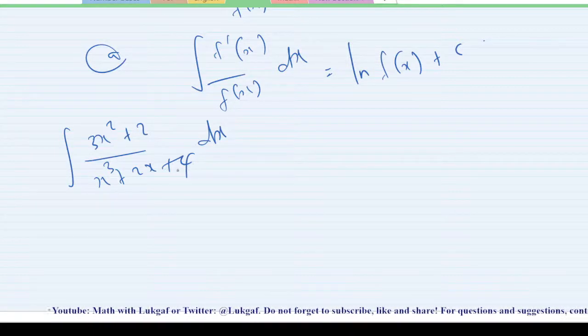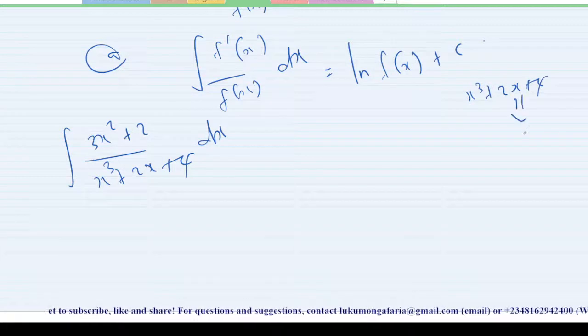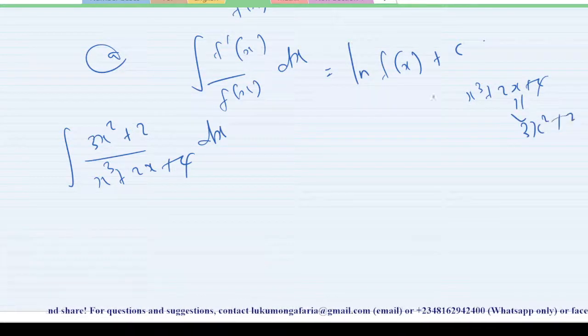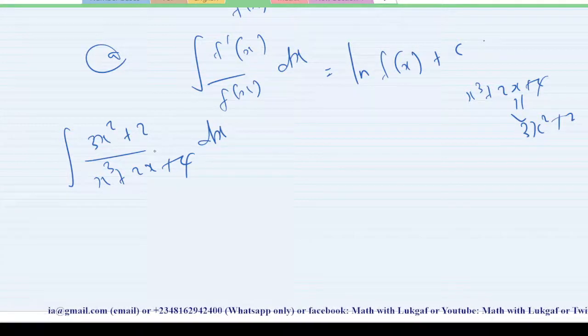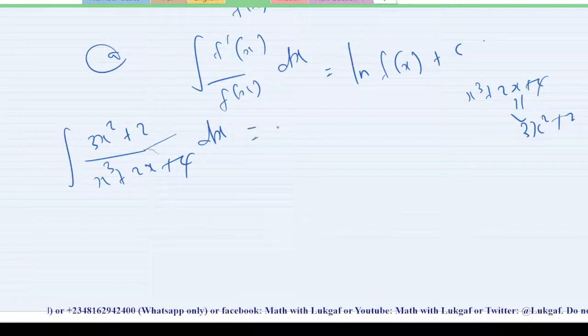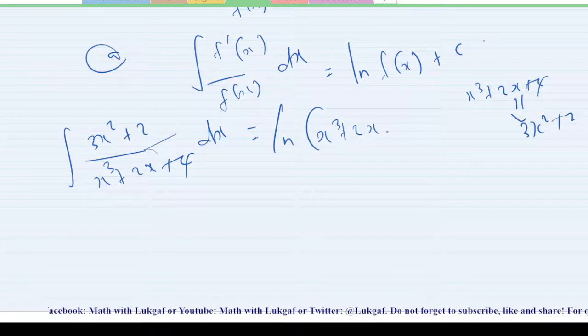If we differentiate this, the derivative of x cubed plus 2x plus 4 is going to give me what? 3x squared plus 2, right? So if you have this type of integral, whereby when you differentiate the denominator you have the derivative at the numerator, don't stress yourself. Then your result will be ln of the denominator plus c.